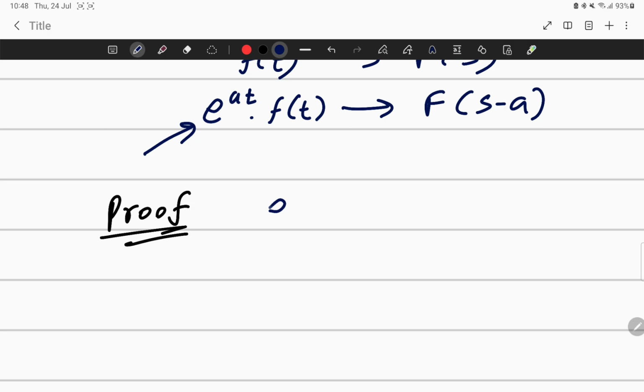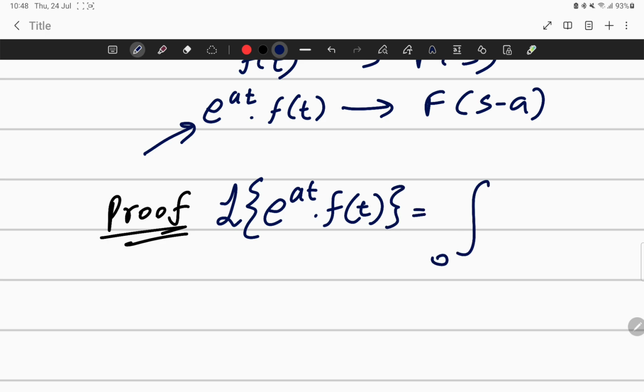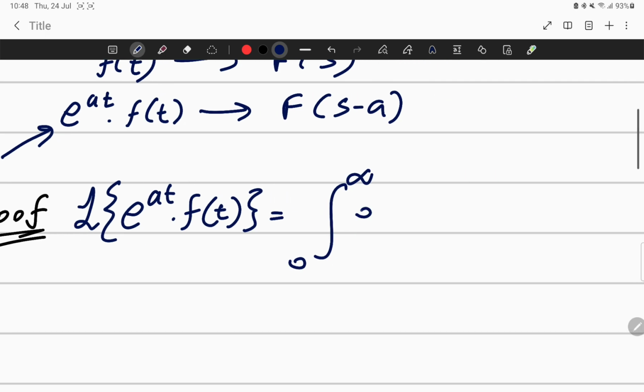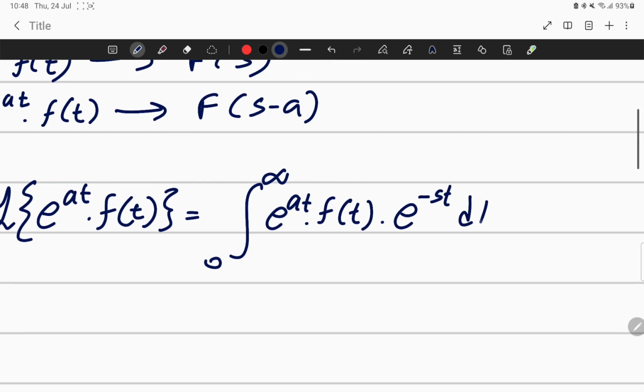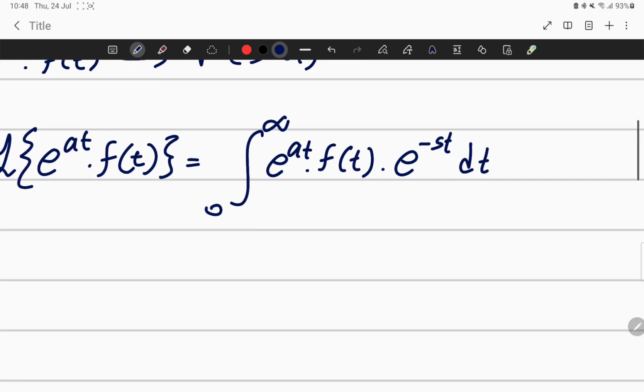Let's consider the Laplace transformation of e to the at times f(t). This is the integral from 0 to infinity of e to the at times f(t) times e to the minus st, and we have to integrate with respect to dt from 0 to infinity.